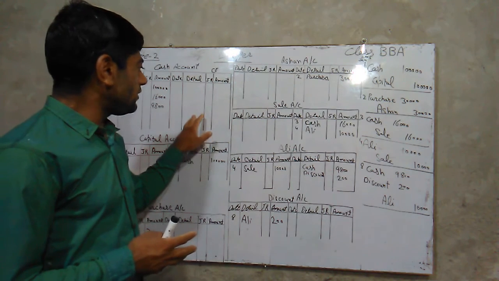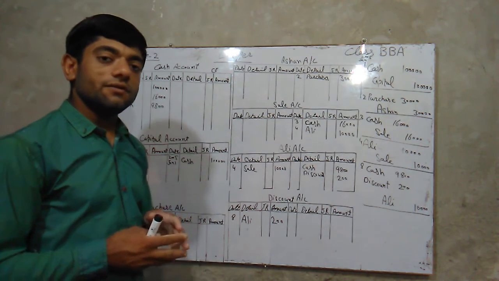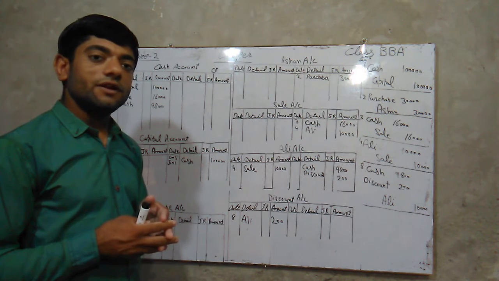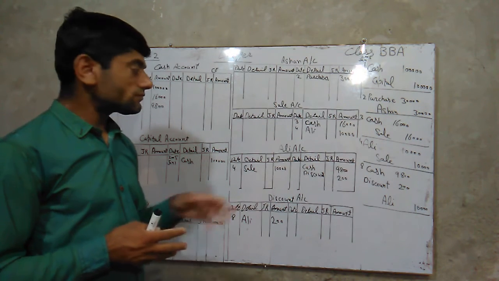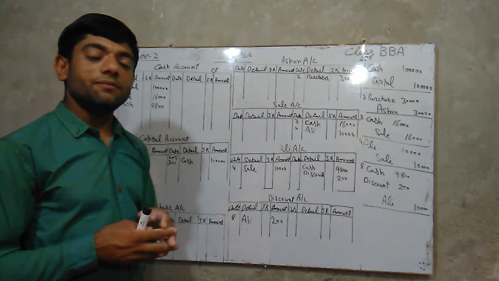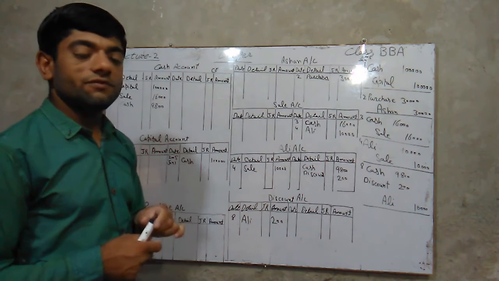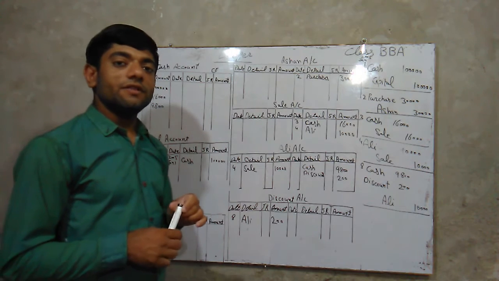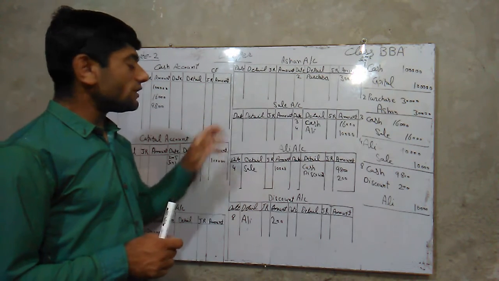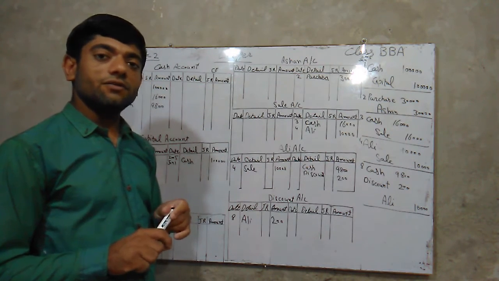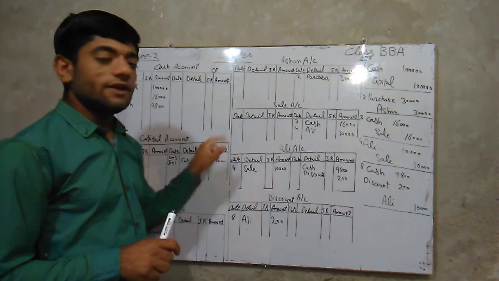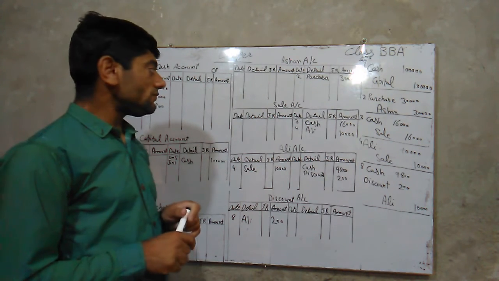Also, the ledger account makes the trial balance easy, because the trial balance is prepared with the help of the ledger. When we find the balances, it's very easy to make a trial balance. The trading and profit and loss account is also prepared with the help of the ledger account.